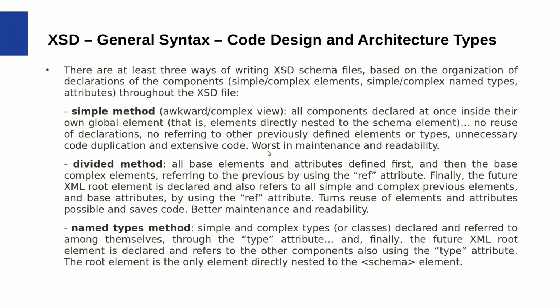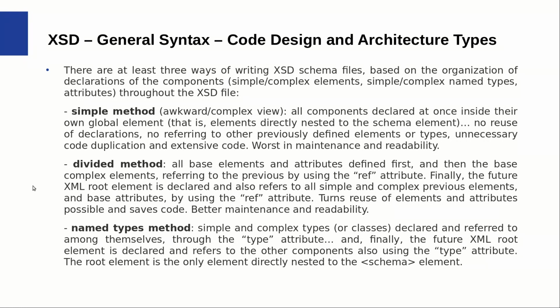The simple method is the worst in maintenance and readability, and in my opinion, or as my suggestion, you should refrain from using it, and you should use either the divided method or the named types method, which is what I prefer. But you're free to choose any of the 3, and it will work despite which method you choose.